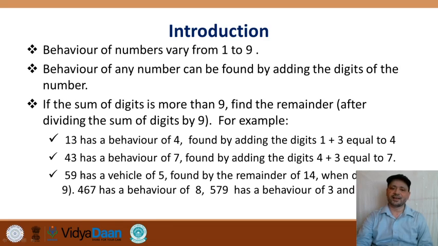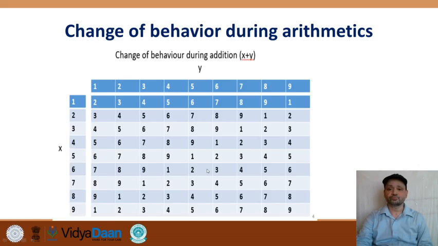So like 59 has 5, then you have 467. If you see, the sum is 4 plus 6 plus 7, so it has behavior of 17, that is 8. 579 has 3. So that way that should be known to you.